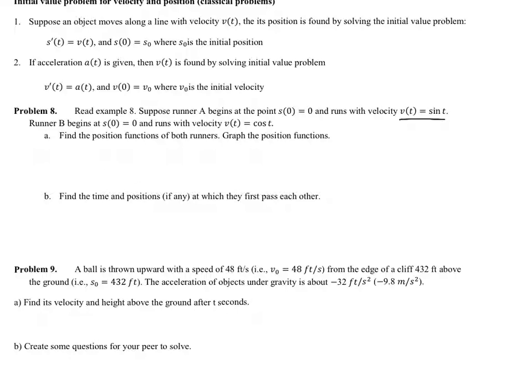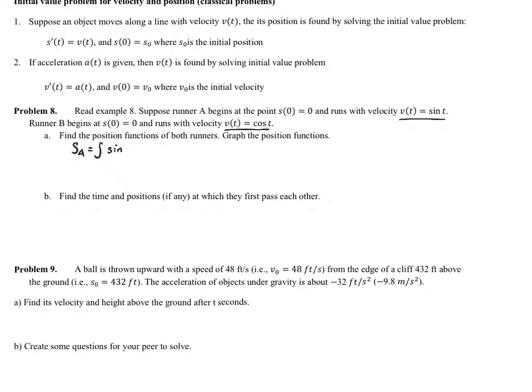And runner B begins at the same position and runs with velocity cosine t. Let's find the position functions of both runners. So let's say s sub a should be the antiderivative of its velocity, which is sine.